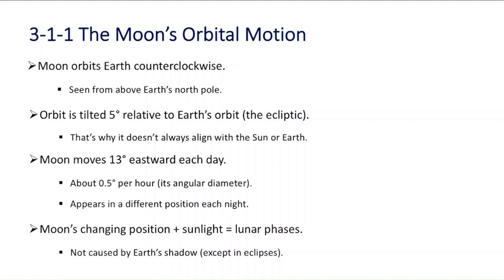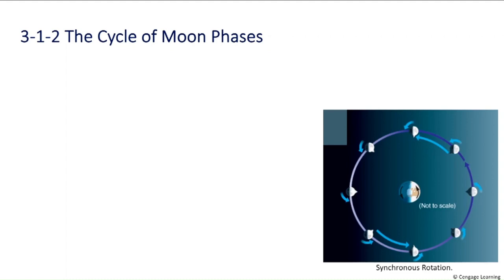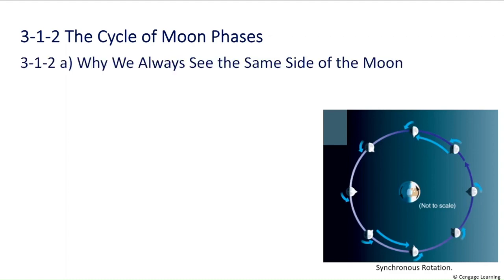Now that you know how the moon moves and why it changes appearance, we are ready to explore exactly what those phases are and how they line up in the moon's orbit. So in the last slide, we saw how the moon orbits Earth and moves eastward each night. But here's something even cooler.